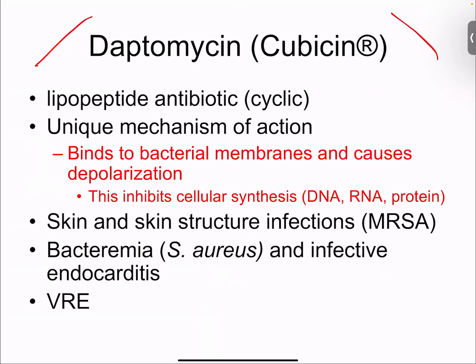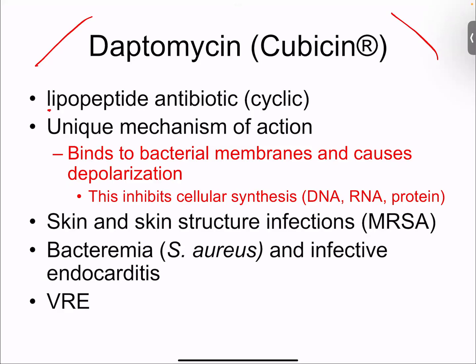All right, we're stepping away from cell wall synthesis inhibitors now. Covered the beta-lactams, we covered the glycopeptides and lipoglycopeptides. Now we're going to start talking about some other agents. And the first one that I want to make mention of is daptomycin or Cubicin. Don't get confused with daptomycin's mechanism and that of the lipoglycopeptides. It works a little bit differently. Right?